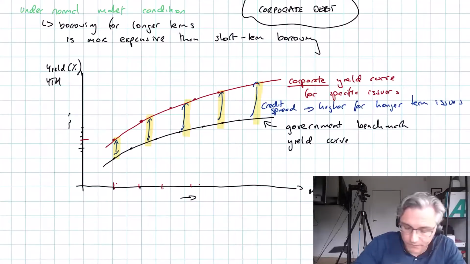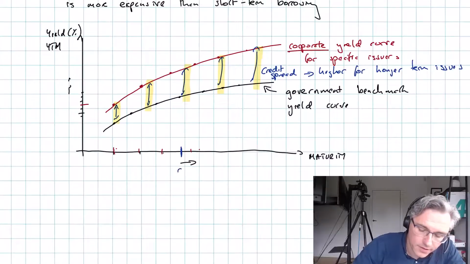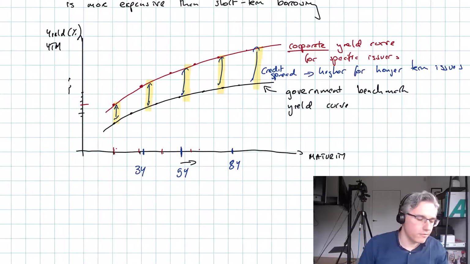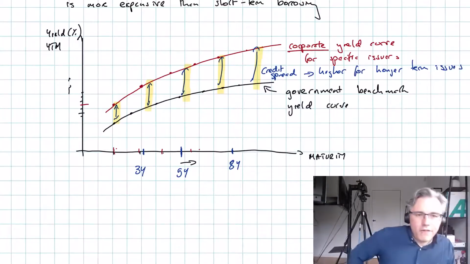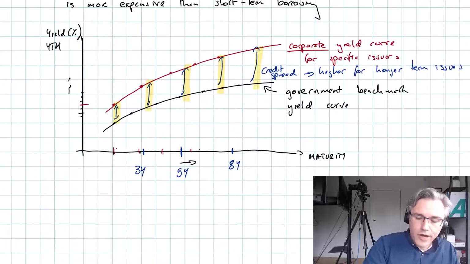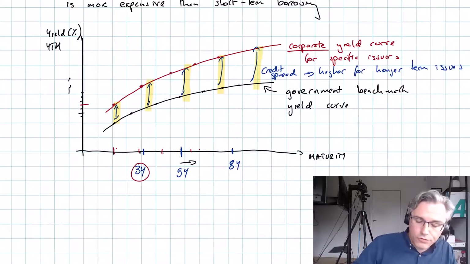Okay, now let's imagine some points over here. Let's say this is a period of 5 years. Let's say over here we've got 8 years and 3 years as well. So I've got 3 different points. If you are a bond issuer, a corporation, you will see, obviously, that it's cheaper to borrow for a shorter term rather than for a longer term.